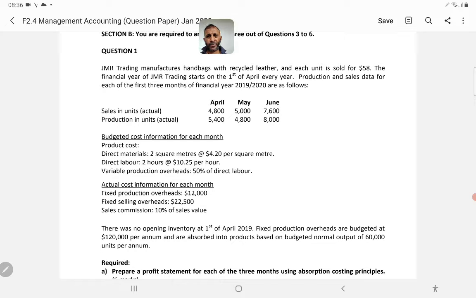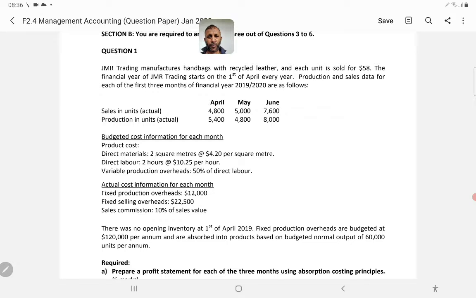The financial year of JMR Trading starts on the 1st of April every year. Production and sales data for each of the first 3 months of the financial year 2019-2020 are as follows. Sales in units, actual: 4,800 units, 5,000 units and 7,600 units. Production in units, actual: 5,400 units, 4,800 units and 8,000 units.